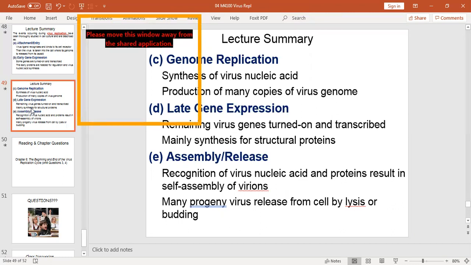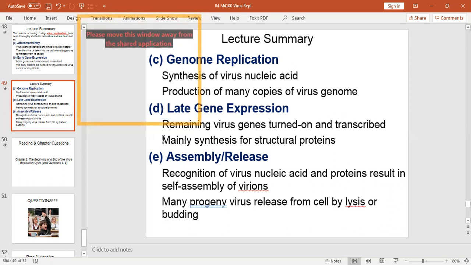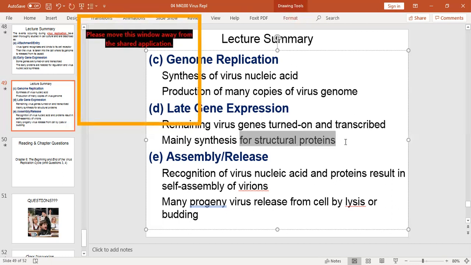After which we have late gene expression, where the remaining virus genes are turned on, transcribed into late messenger RNA, and late proteins are produced. The proteins produced by the translation of late messenger RNA are usually structural proteins, those proteins that participate in the formation of the viral capsid.